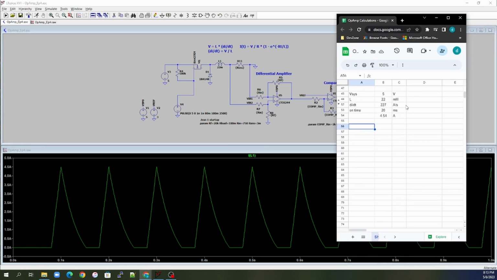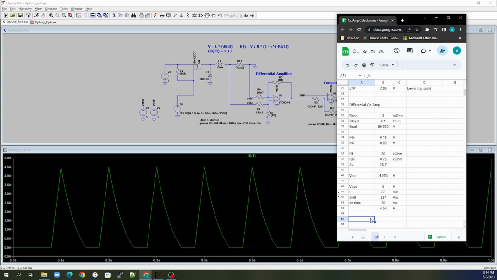So how is it that we can use this to our advantage? At the end of the day, the total current that we're going to be able to pass if we went to a steady state in this circuit with the system at 5 volts is basically 5 volts over our sense resistor, because at steady state, if we just leave the switch on, this inductor will become a short.